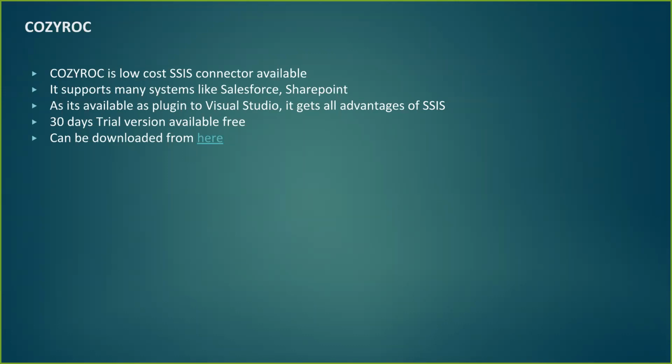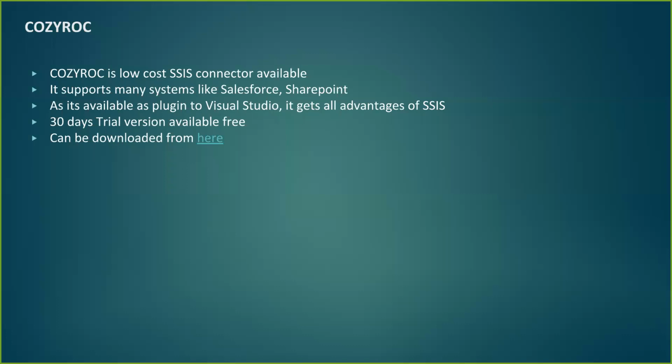Jitterbit has its own cost, though a free version is also available. Most of the time, the client will have a lot of transformation requirements, and that's where COZYROC fits in. Again, don't take my word for it, but I think it costs somewhere between 300 and 500 for a year.